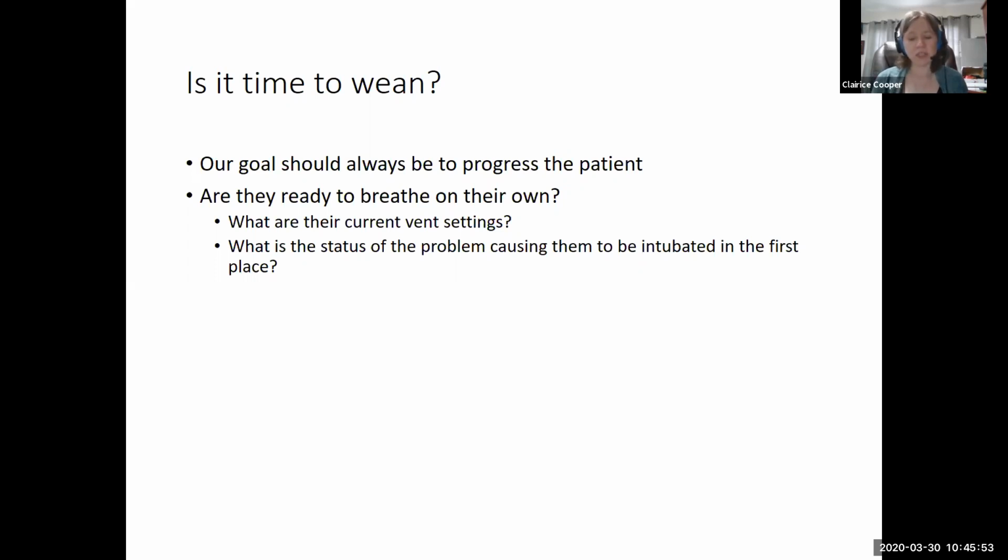Even if the patient's on a full control mode, how can I wean their FiO2 further? Are we in a good place with the ventilation? As we saw in that one example, the patient looked okay, but now we can progress them by increasing their respiratory drive. So you always want to be thinking about progressing the patient.